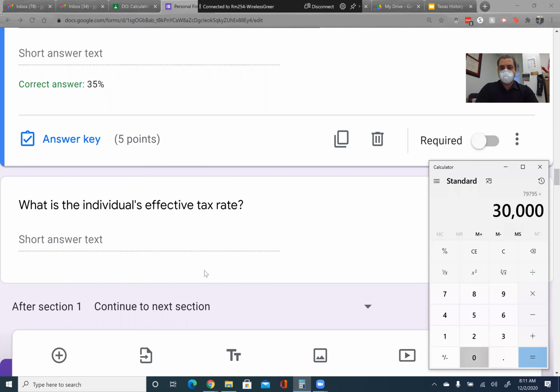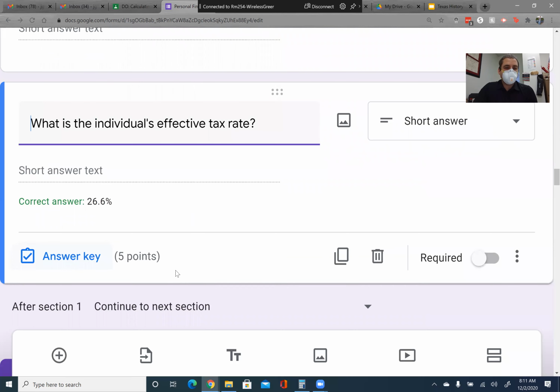Divide by 300,000, the original income, and then multiply that by 100. So our effective tax rate is 26.6%. So you can see a pattern here. Your top marginal rate is always going to be higher than your effective tax rate.